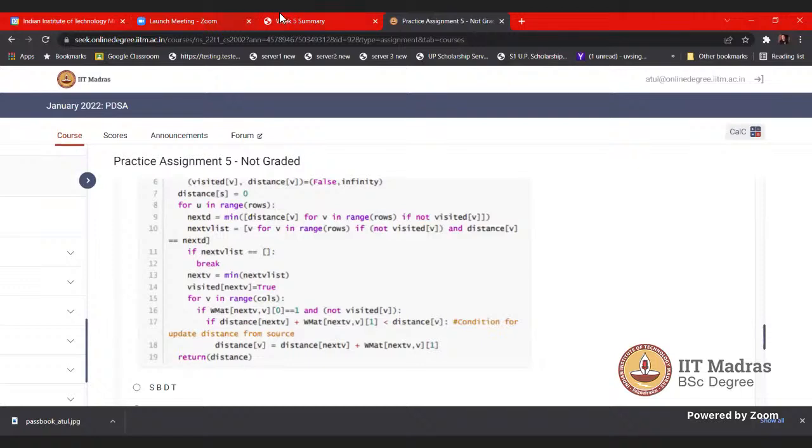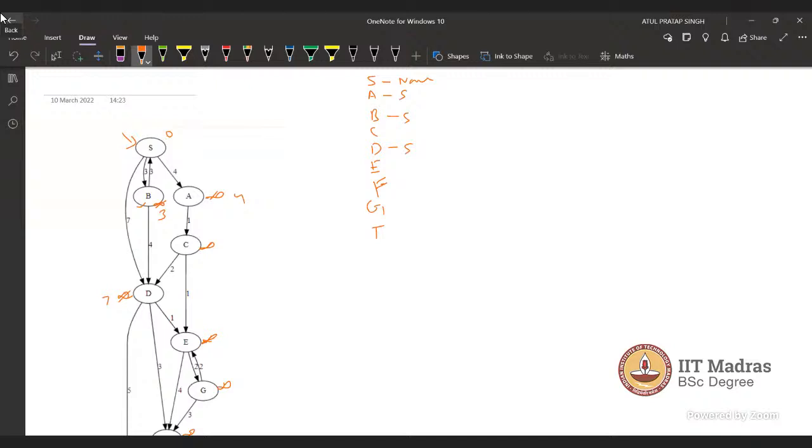This is not less than. The previous distance is 7, and we are also getting 7, so we will not update the weight, and also not update the parent information. There's no change now.